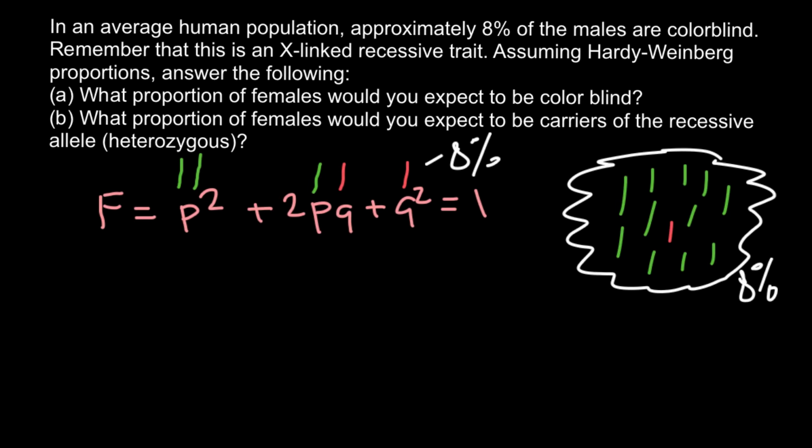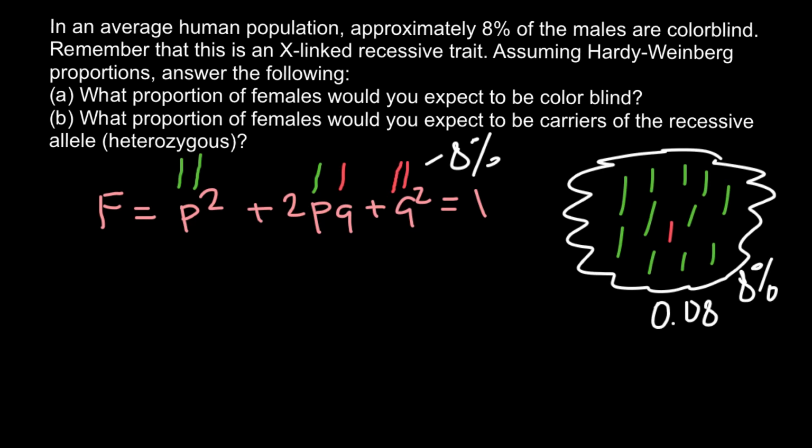So let's add another defective X chromosome here, and this would represent the defective phenotype of the female, when both X chromosomes are defective. We know that this defective X chromosome represents 8% of the gene pool.